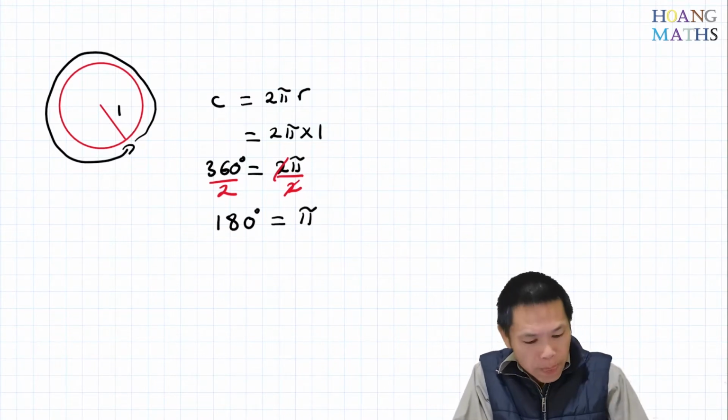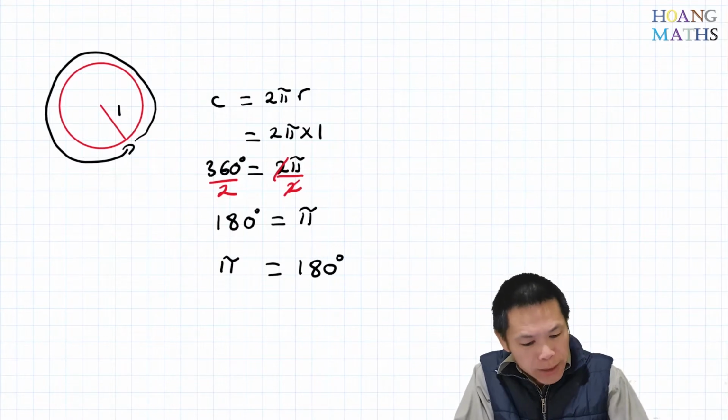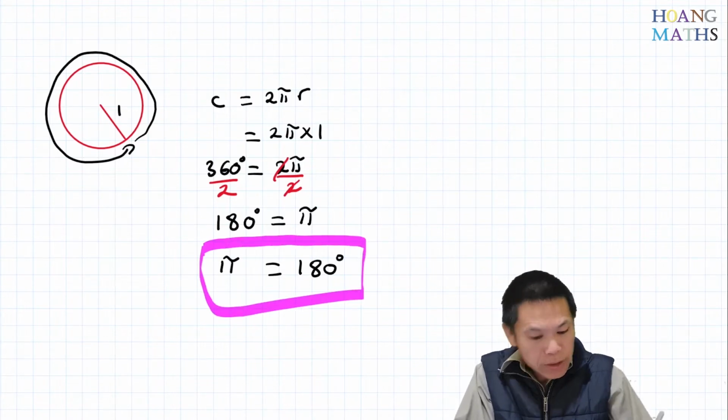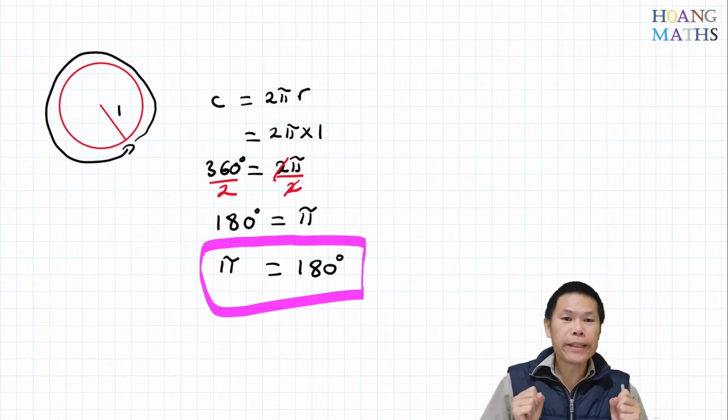Therefore, 1 pi radians is equal to 180 degrees, okay? So please keep this in mind for me. 1 pi is equal to 180 degrees.